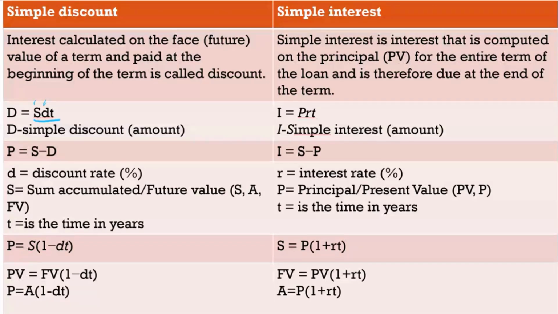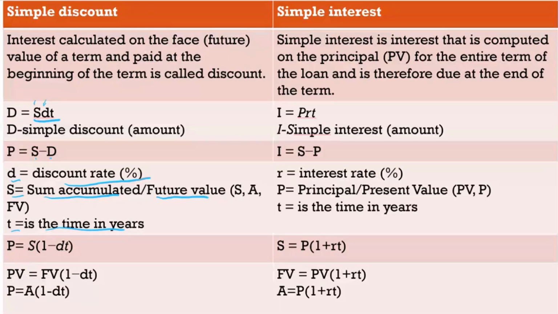The present value is written as the future value minus the discounted amount. The variables for the simple discount formula: the small d is your discount rate, S is your sum accumulated or the future value, and T is time in years.